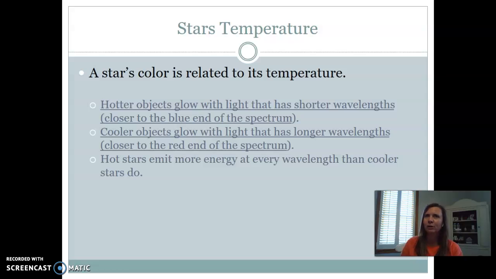If you stare at it just long enough, you should be able to see that it is an almost reddish orange color. It's not as white as all the other stars. And that is a cooler star, meaning that Betelgeuse is actually on its way out. It's a red giant, and at some point, maybe in our lifetimes, it will supernova, and we'll talk about what that all means as we move forward. But it is just that idea that it is cooling down just a little bit.